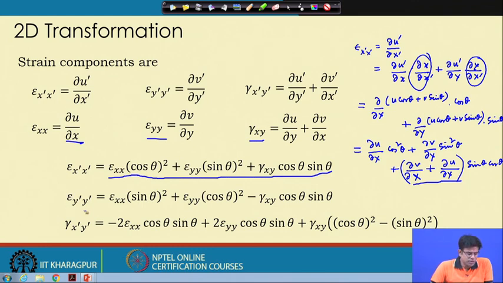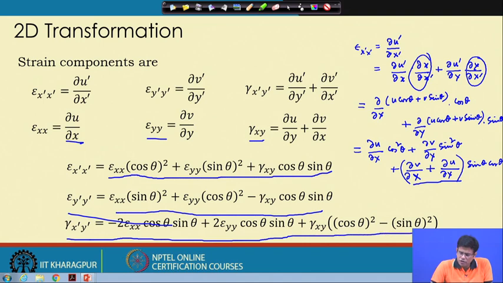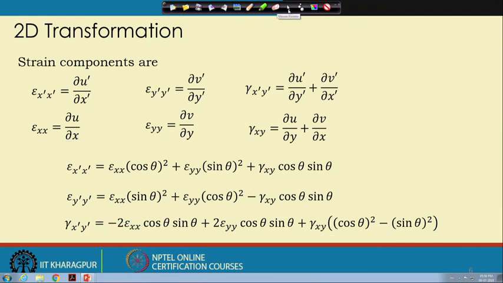And similarly for epsilon y prime we also can derive, and this equation you also know from our strength of material knowledge. So this also we can derive for the shear strain. If you remember these things, we can express it in a matrix format, and probably we have studied this earlier also.